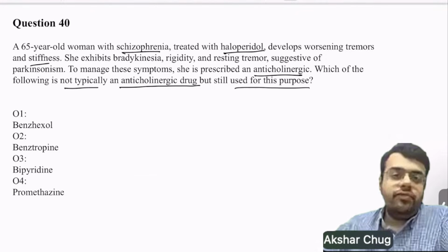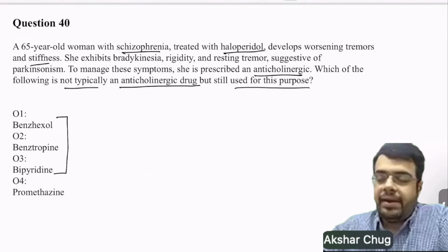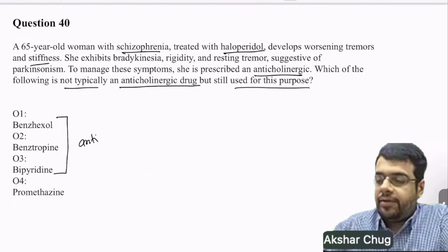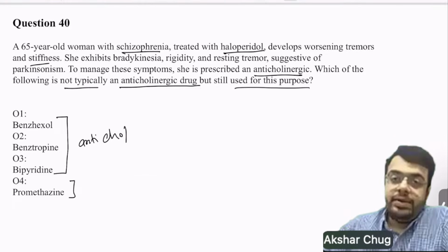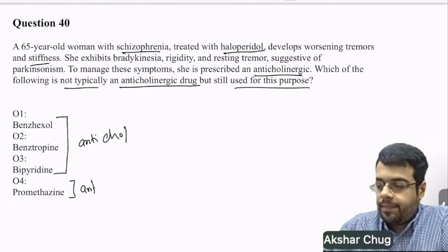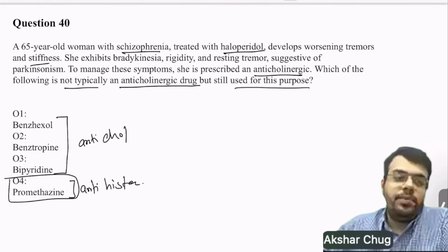Now, from our general pharma knowledge, we know that benzhexol, benztropine, and biperiden, all of them are anticholinergic, whereas promethazine is an antihistaminic containing anticholinergic properties. So the answer over here is option 4, promethazine.